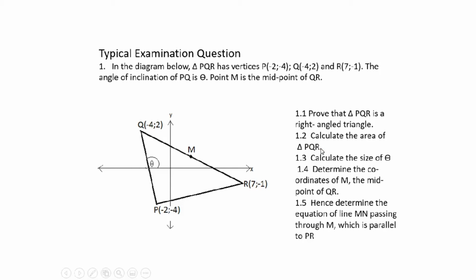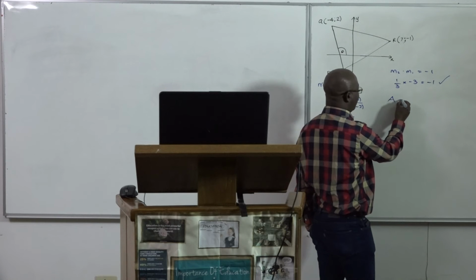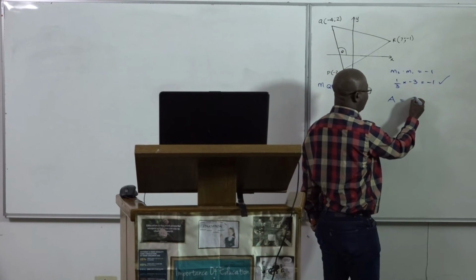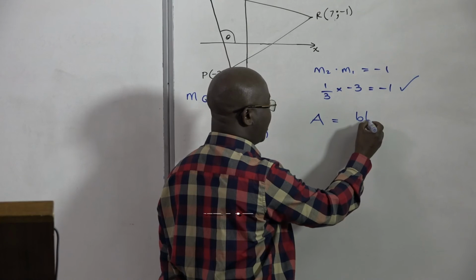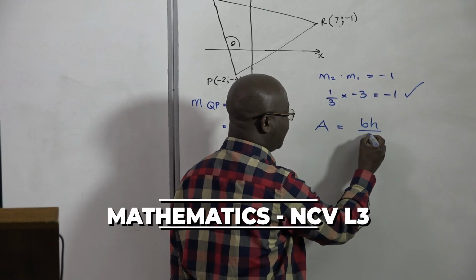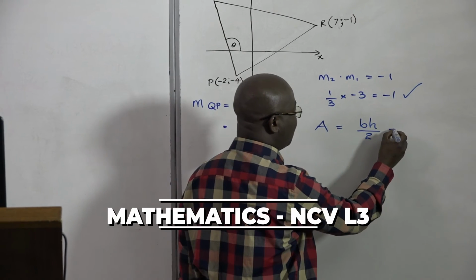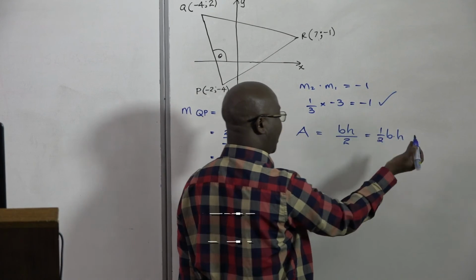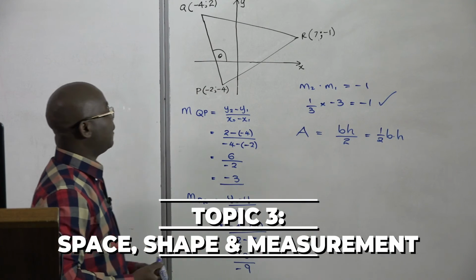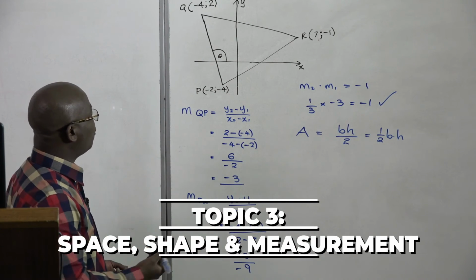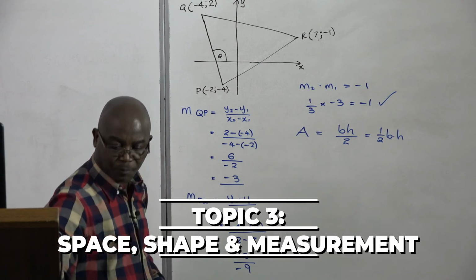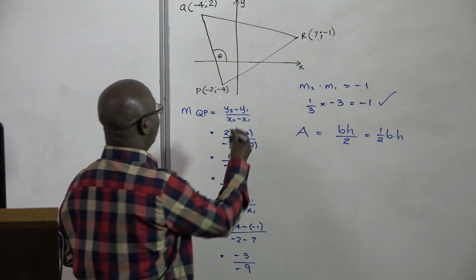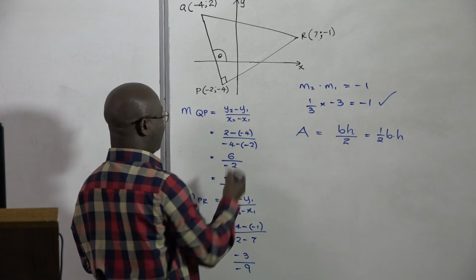Right. So the area of a triangle A is found by multiplying the base times the height and dividing that by 2. Some will write it as half the base times the height. It is still the same. So I will go back to my diagram. We have agreed that there is a right angle there.